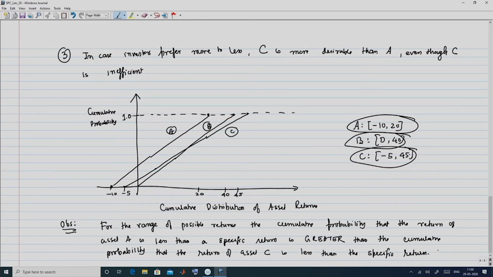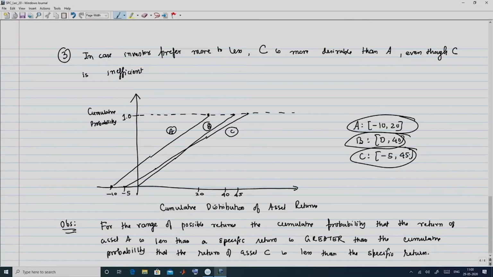So, what it means is that if you look at the entire range of values, then the cumulative probability, that means the value on the y axis, and you know that cumulative probability basically gives you the probability of the random variable taking a value less than or equal to a certain value. So, we take that to be the threshold value.